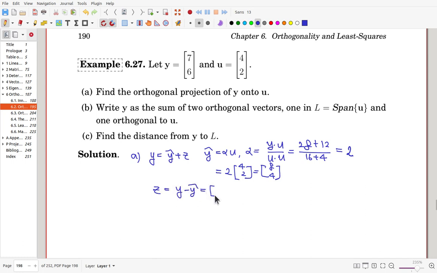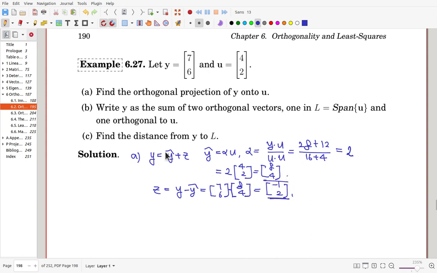y is 7 and 6, and y hat is now 8 and 4. Subtraction gives minus 1 and 2. So here y hat is this one and z is this one.